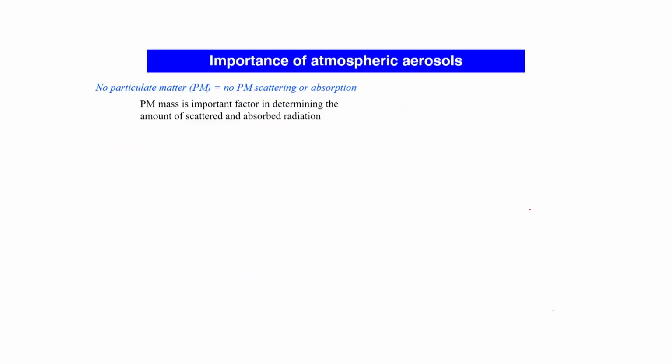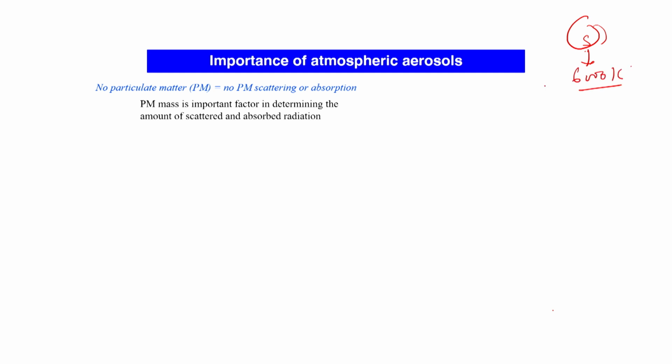This is a very important slide: what is the importance of atmospheric aerosols. If there were no atmospheric aerosols, as we discuss in later slides too, our sun is emitting at about 6000 Kelvin temperature.